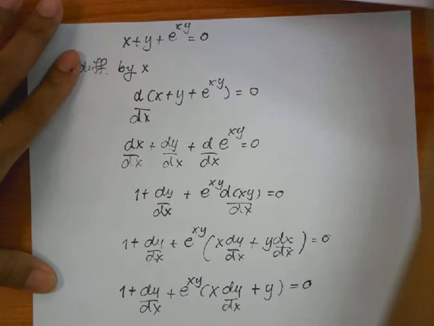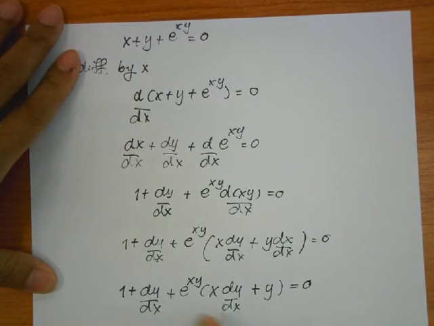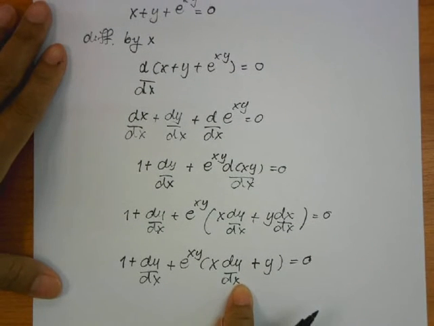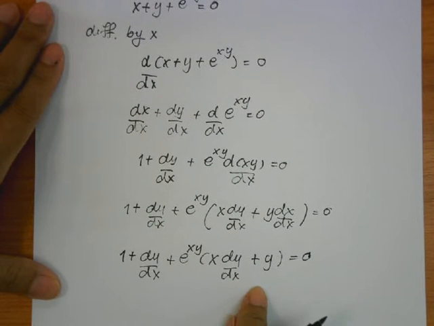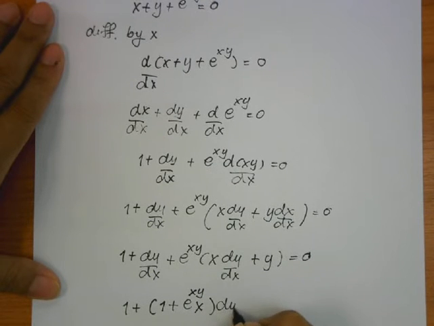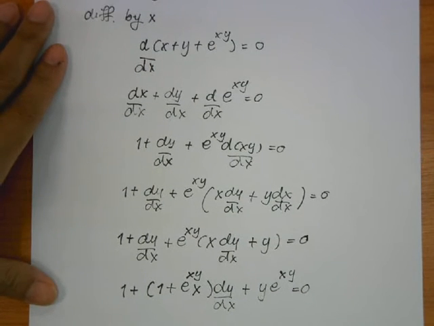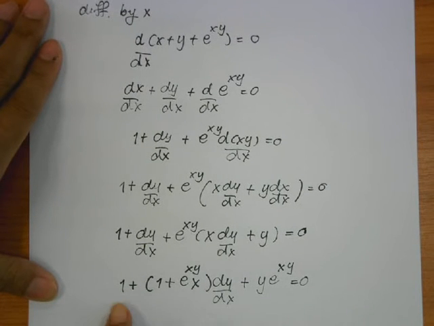And now we have dy by dx here and dy by dx there. We are going to put these two terms together. So we would get 1 plus (1 plus x times exponential xy) dy by dx plus y times exponential of xy equal to 0. Because this one has no dy by dx term, we put it with this term.